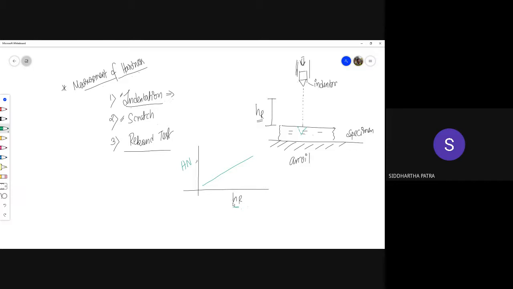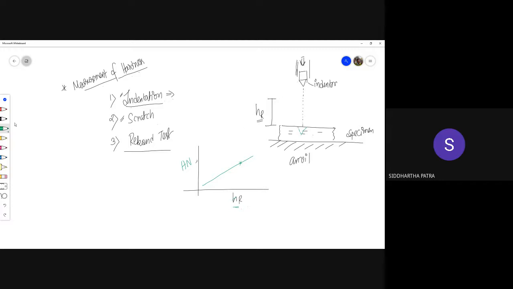Therefore, if the rebound height is higher, it means the hardness is higher. If it is the perfectly hard body where there is only elastic collision, then it would bounce back to maximum height. So it's a direct relation, hardness number and rebound height. Okay, so that's the idea behind the rebound test.